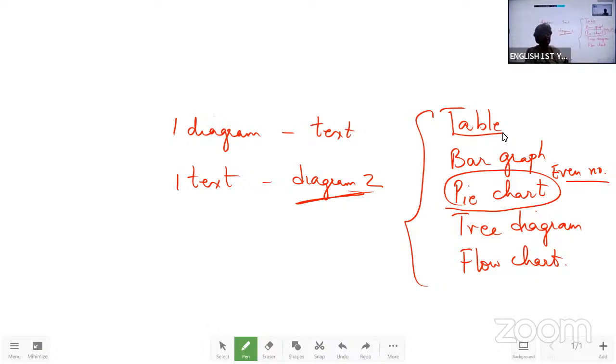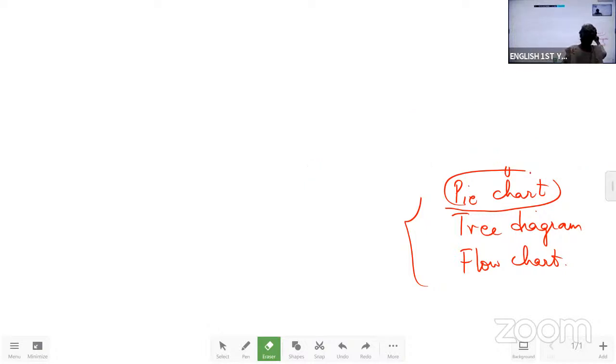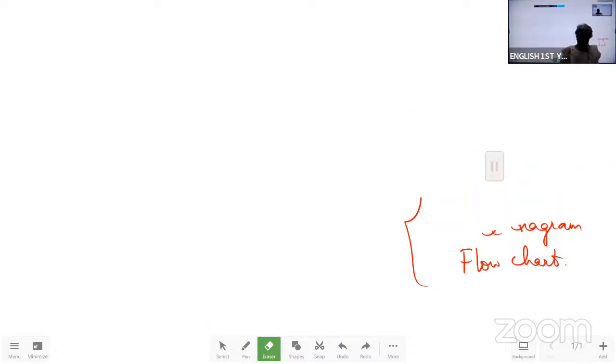When it's not given, here in a table, it's not an even number. So any lower number can be mentioned. These are small things which children tend to make mistakes in. So children, pay more attention and read the question properly before going on to write.